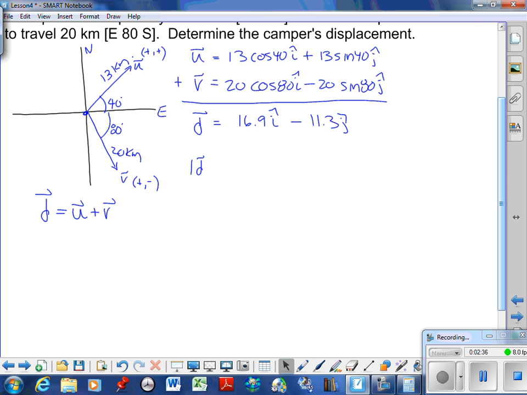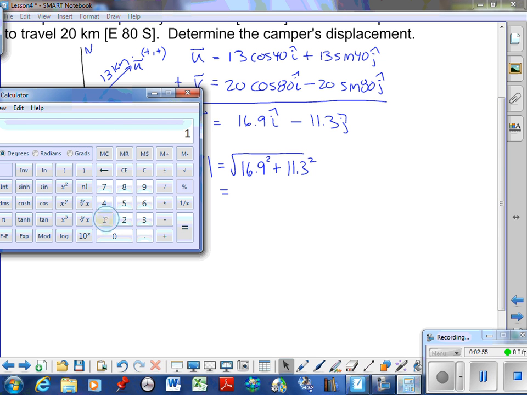The magnitude then of her displacement. Again, here we're asking for displacement as a vector. How far is she from her starting point? It's not how far did she travel. If it was how far does she travel, then you would just add up the two distances, 13 and 20. But we want to know how far she is from her original campsite.